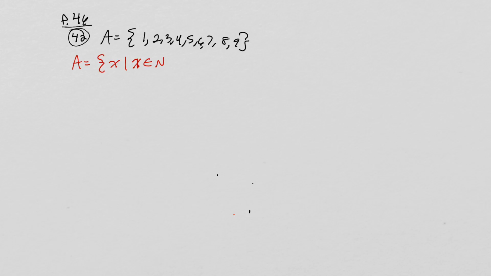It includes the natural numbers, a part of the natural number set, and x is less than 10. Or you can put x is less than or equal to 9. Either one of those would work.